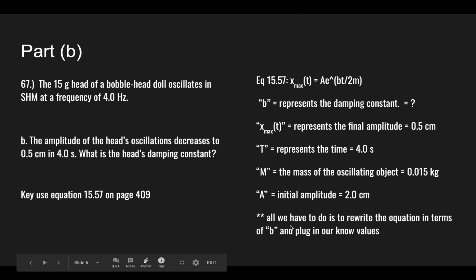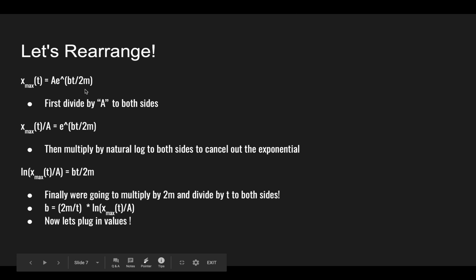Literally all we have to do now is rewrite the equation to get it in terms of b, and then we plug in our known values. I'm going to walk through it step by step because it can get kind of tricky with these powers and these e's raised to powers. First we're going to divide both sides by A. So you get x max at t divided by A is equal to e raised to the bt divided by 2m.